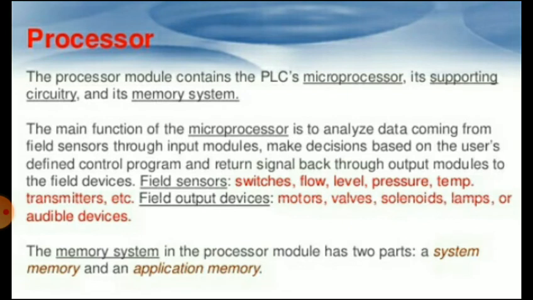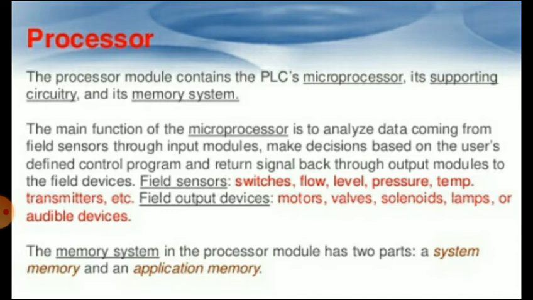So regarding the processor module, it contains the PLC microprocessor, its supporting circuitry and memory system. The main function of the microprocessor is to analyze data coming from field sensors through input modules, make the decisions based on the user's defined control program, and return signals back through output modules to the field devices.